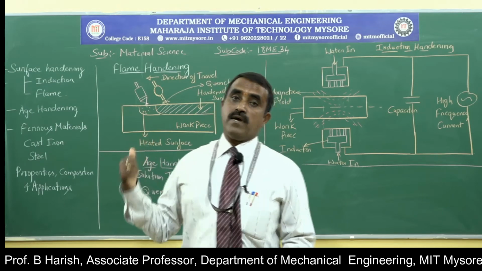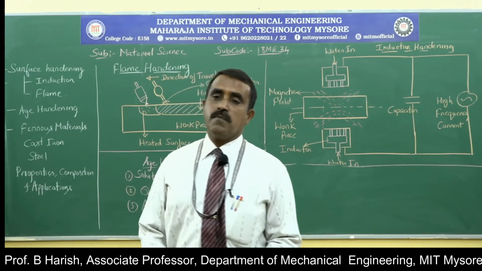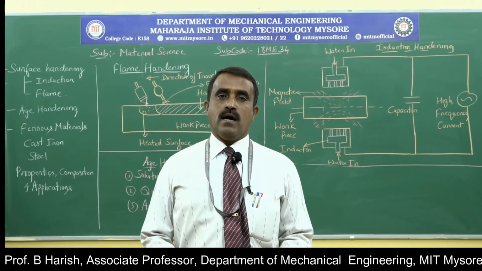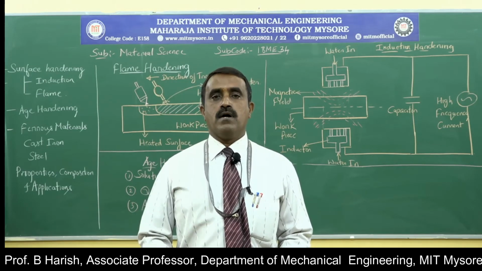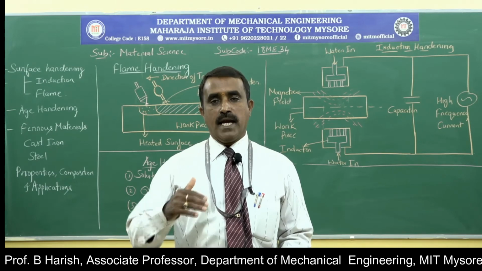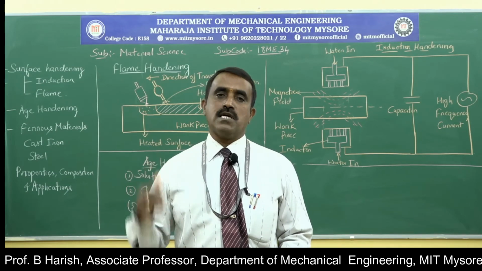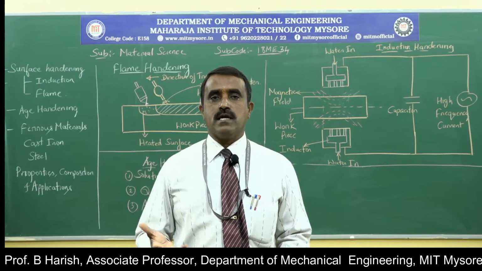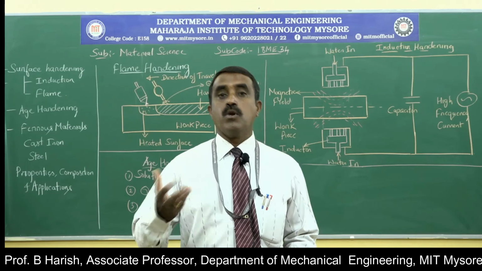Coming to surface hardening, it is once again a type of surface heat treatment process where the method of increasing the hardness is heating and sudden quenching. Quenching is nothing but the cooling process.